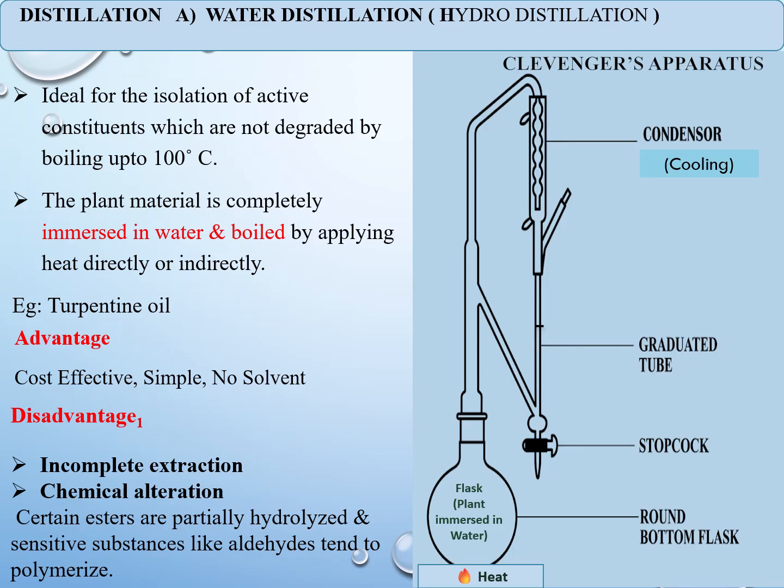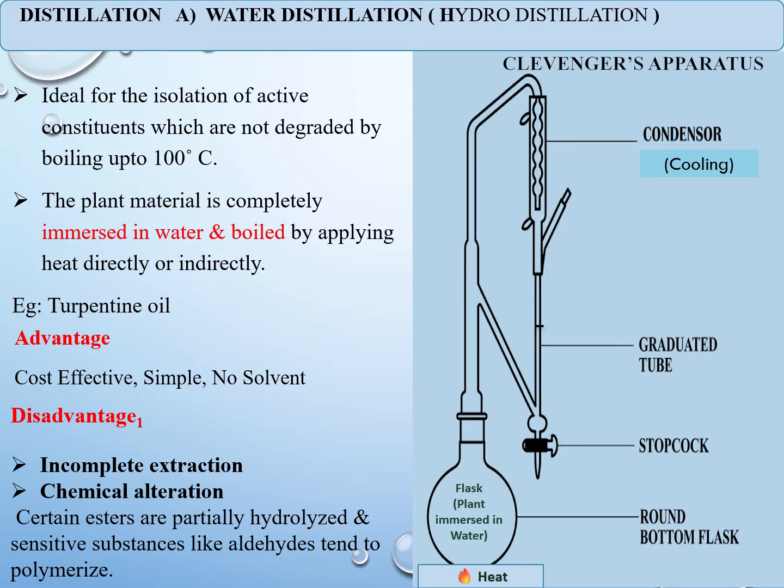So in this method, we are immersing the plant material, usually the dried plant parts. It can be the leaf, flowers, barks, etc. This is completely immersed in water, and then it is boiled by applying heat directly or indirectly.